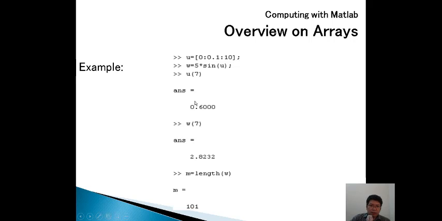From the first example, we will have an array from 0 to 10, where the increment is 0.1. So what does it mean? We have an array 0, 0.1, 0.2, and so on until 10.